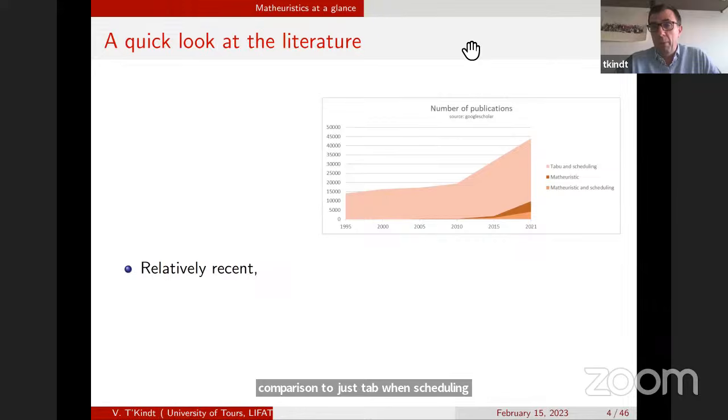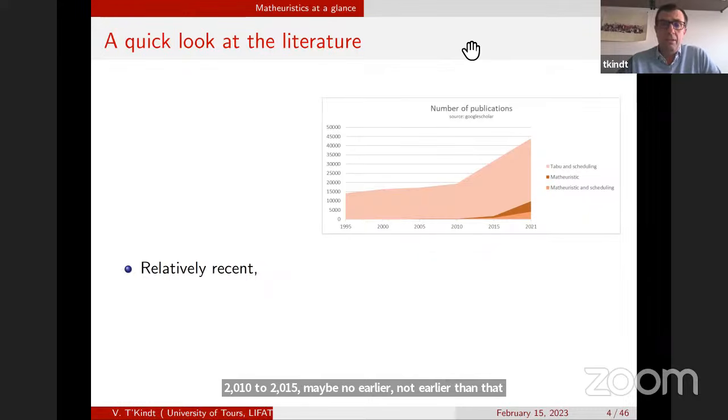Among these papers on Matheuristics, most of them deal with Matheuristics and scheduling. From this chart, what we can derive is that dealing with Matheuristics is quite recent. The increase of papers significantly dates back to 2010, 2015, maybe not earlier than that. The other point is that very few papers can be found in the literature.